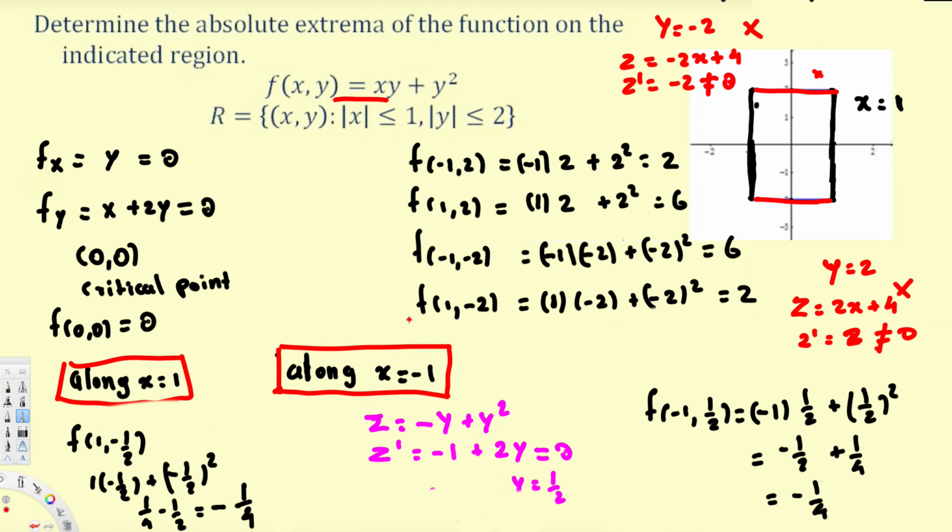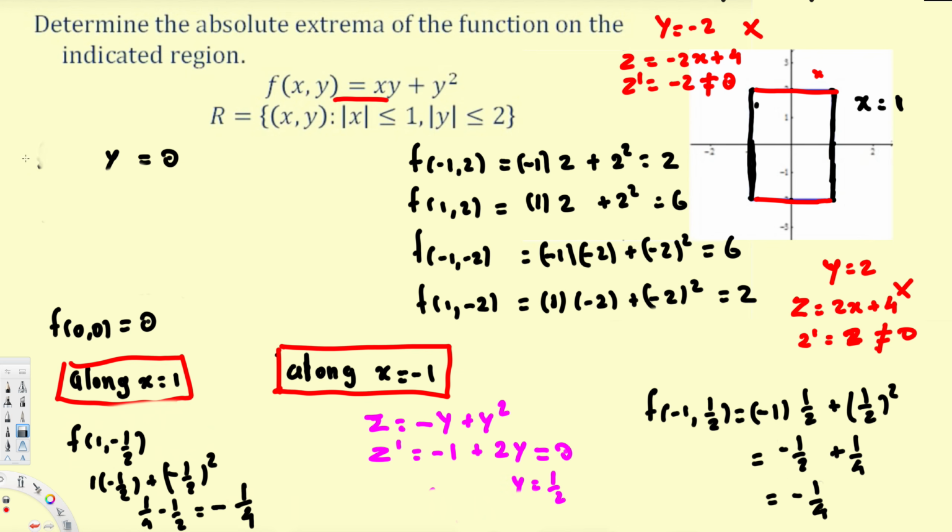Now let's bring everything together and compare. Here the highest value is going to be the absolute maximum, and the lowest value is going to be the absolute minimum. Okay, I'm going to list everything.